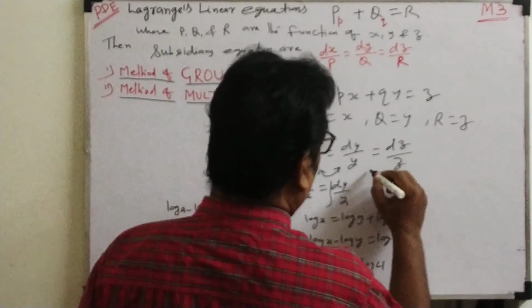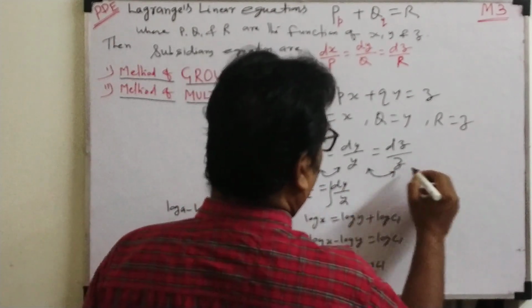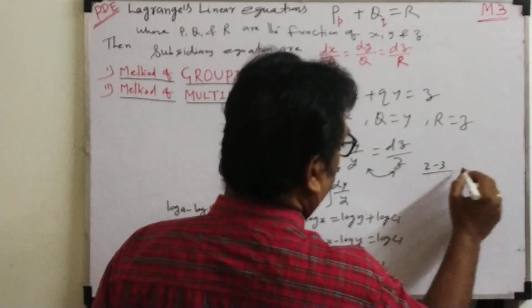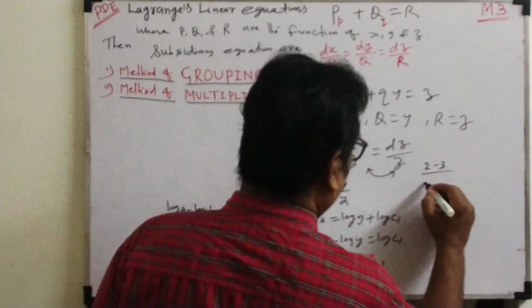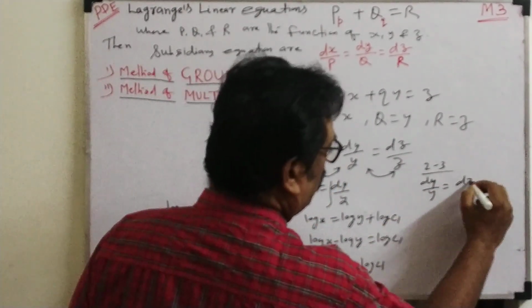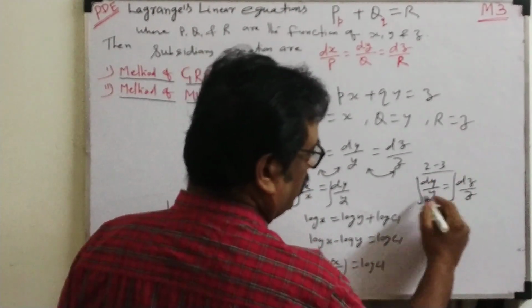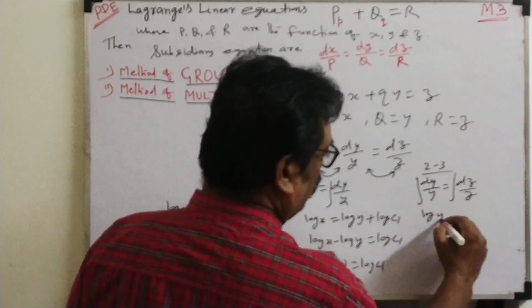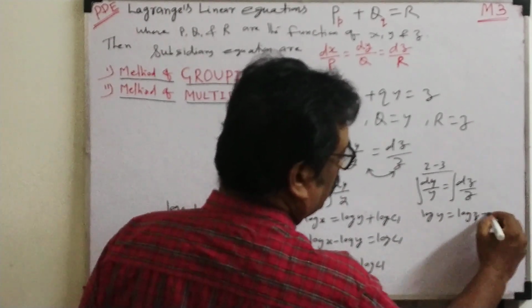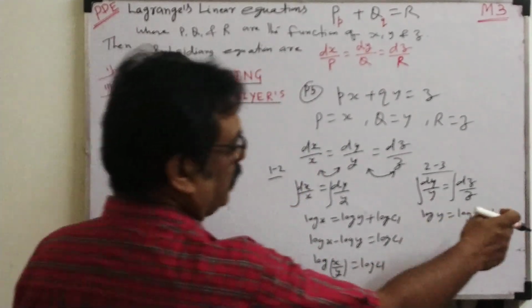Now consider 2 and 3. What is 2? dy by y equal to dz by z. Integrate both sides. We will get log y is equal to log z plus log c2, because I have already used c1, so we take another constant.